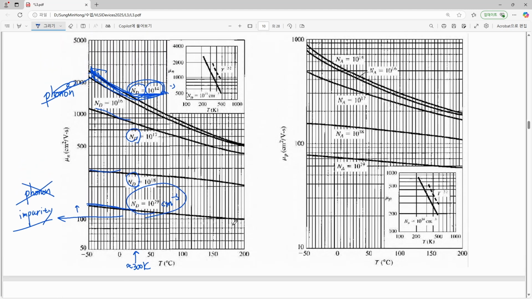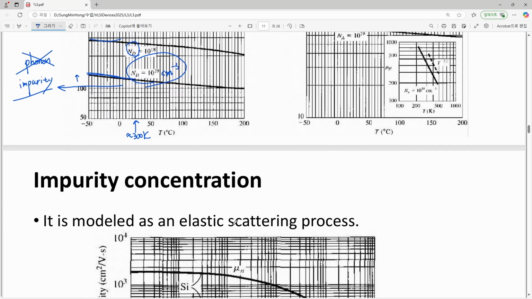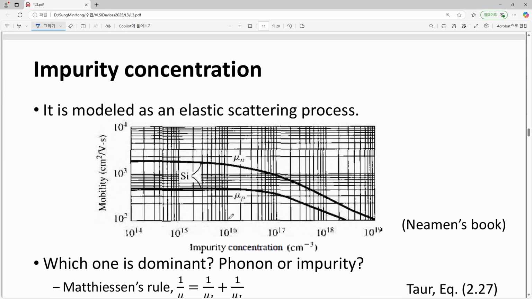So from this consideration, it is true that if we have sufficiently high doping density, the electron and hole mobility is limited by impurity scattering. So this is the table or figure which shows the mobility as a function of impurity concentration.